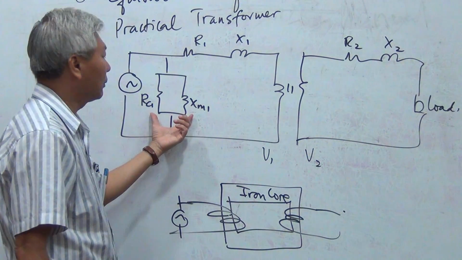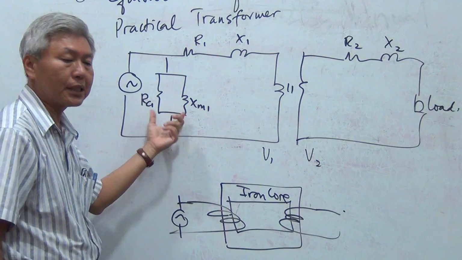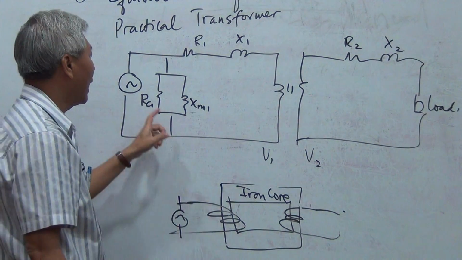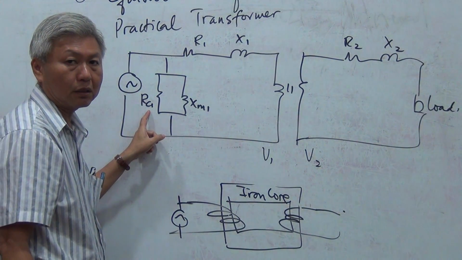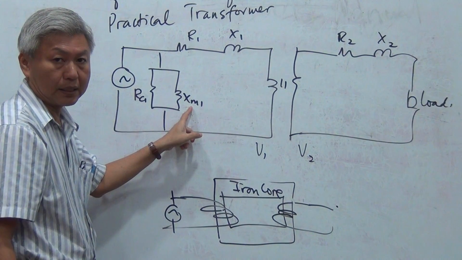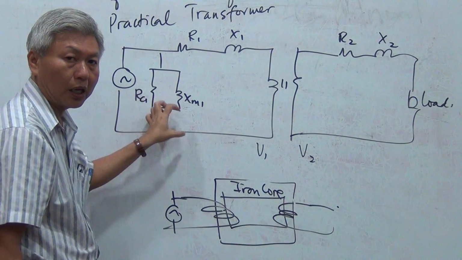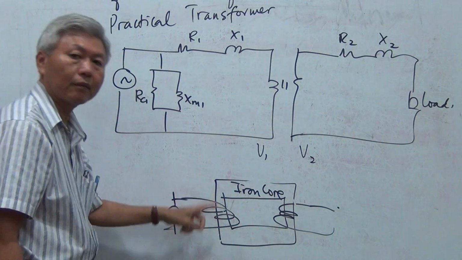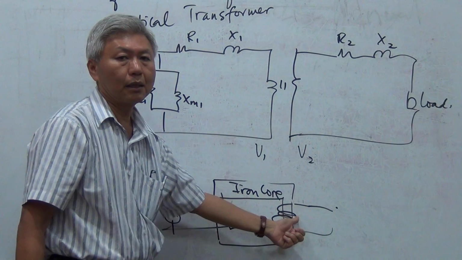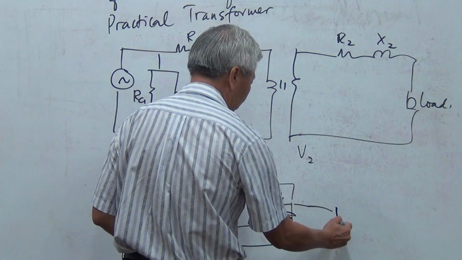Now what about these two which are in parallel? These two parameters are actually from the iron core, right? And this is called the core loss resistance and the magnetizing reactance. So always remember that this parallel structure is from the iron core, whereas the series elements here are from the copper wires, primary winding and secondary winding, right?